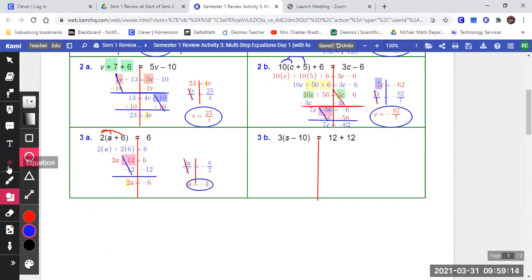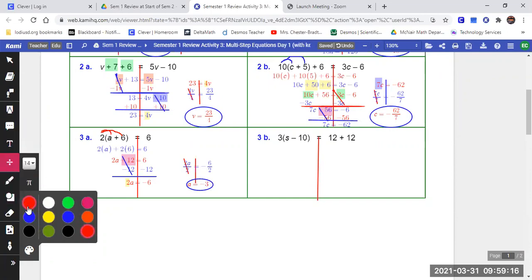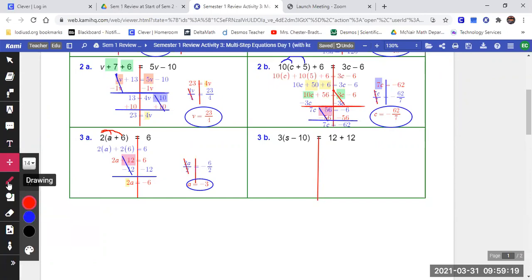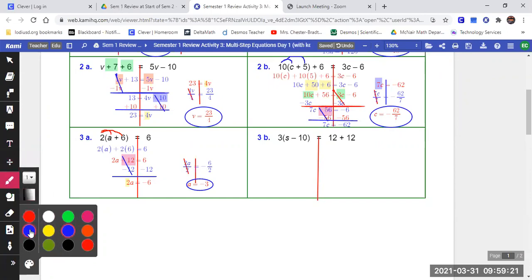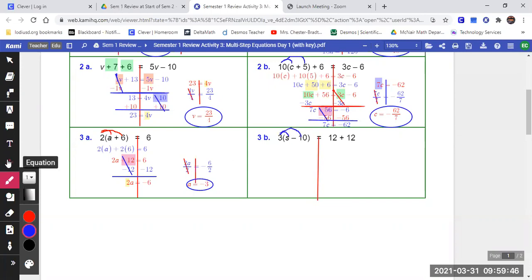Okay, we're on our last one. What do we do? What's the first step going to be? Distributive property. So I have to show my distribute, and I show the math.